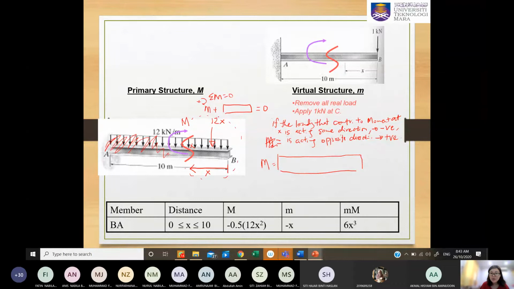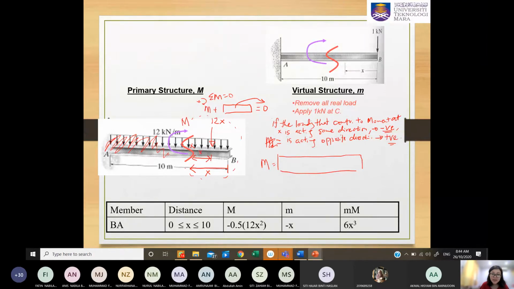But right now, I want to straight away put everything aside from this moment to the opposite side. Therefore, you need to keep in your mind to get this done. Any loading acting in the same direction, we have a negative value, and acting in the opposite direction, we get a positive value.